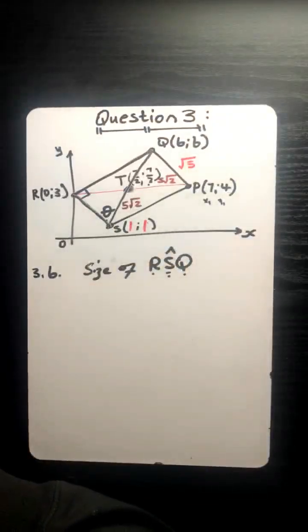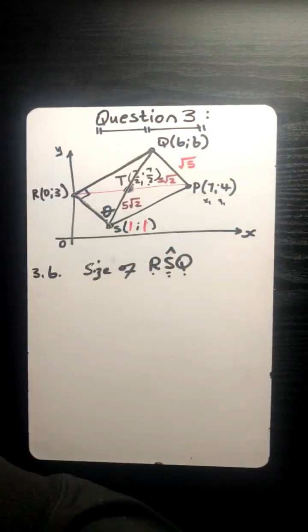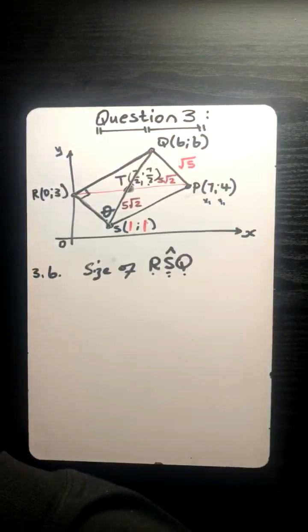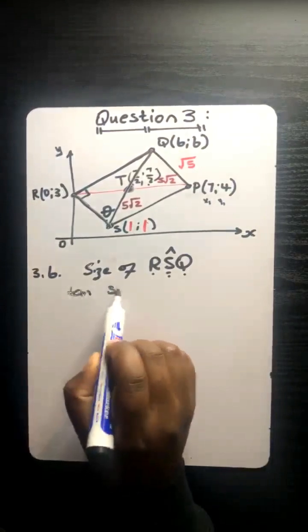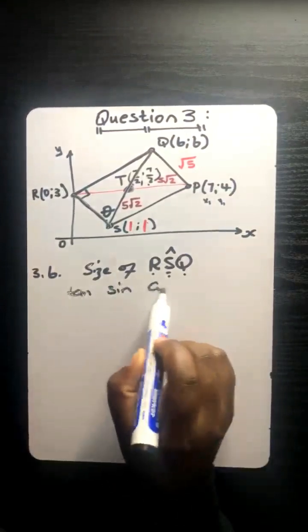The question that you need to ask yourself every time under analytical geometry, when they talk about an angle: am I having a right angled triangle? If the answer to that question is a yes, then it means you can use tan, sine, or cos.